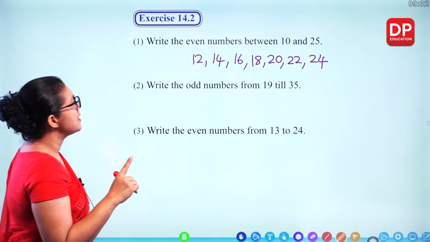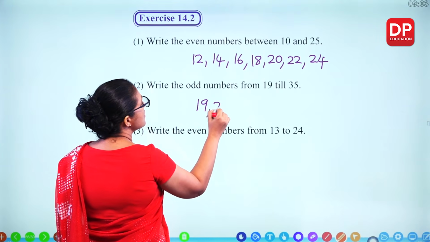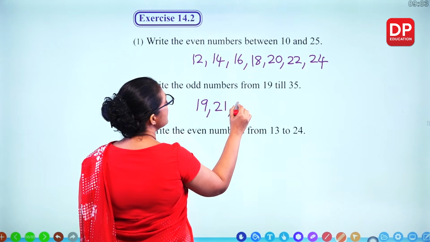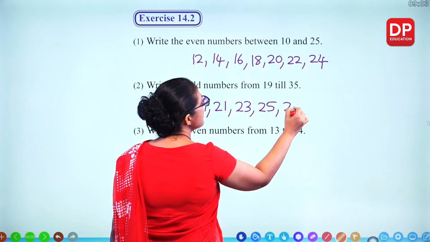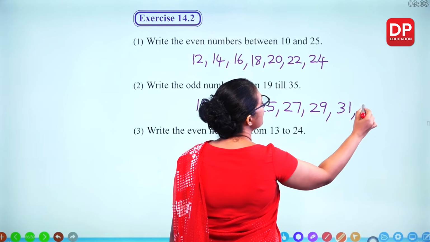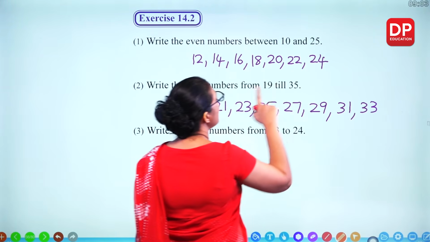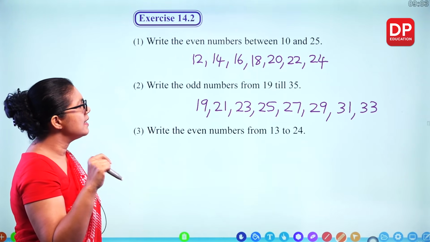From 19 means you can start from 19, 21, 23, 25, 27, 29, 31, 33. So you can't take 35. Till 35 means we don't consider 35.